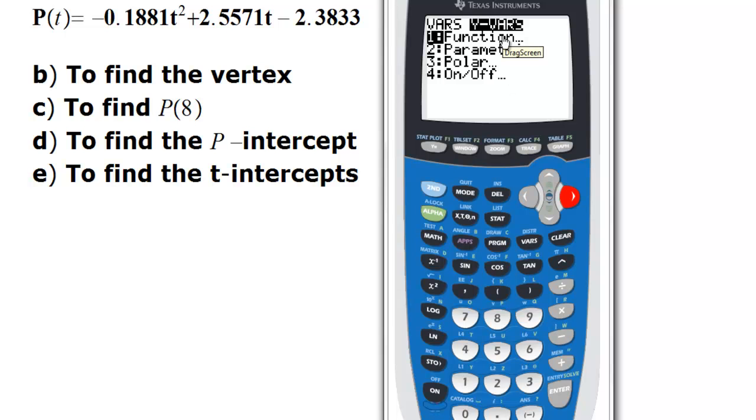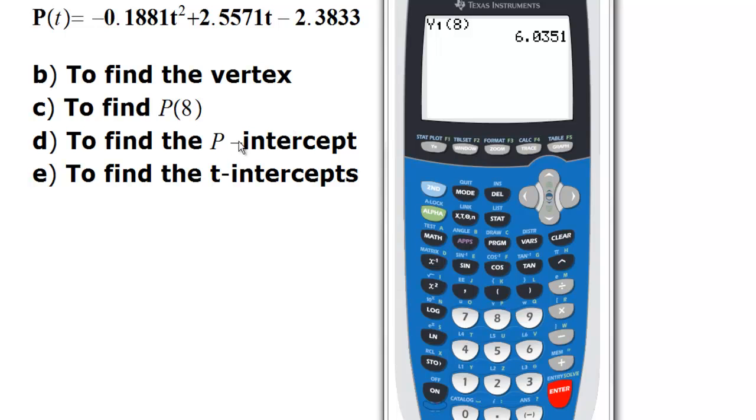We have a regular Cartesian function, that's all we have in this course. So we go there. Y1 is our function notation that we use to display this. So we press enter, and then all we have to do is enter 8 in here, and the value is 6.0351 units.